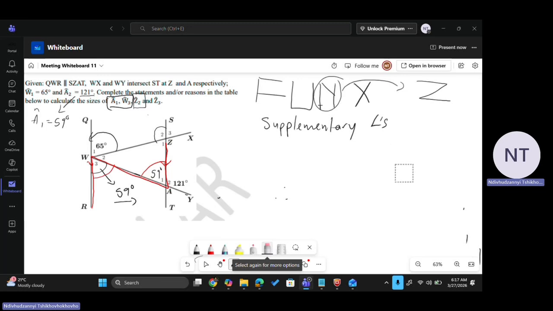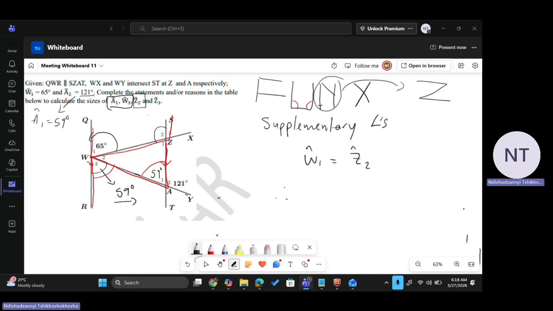So I already see something at the top, which is in a shape of a U. Can you see? Right? Which is this guy.